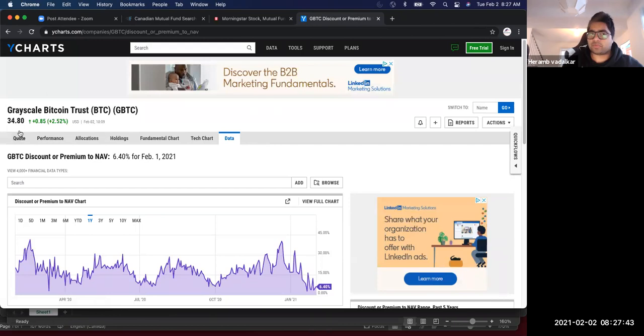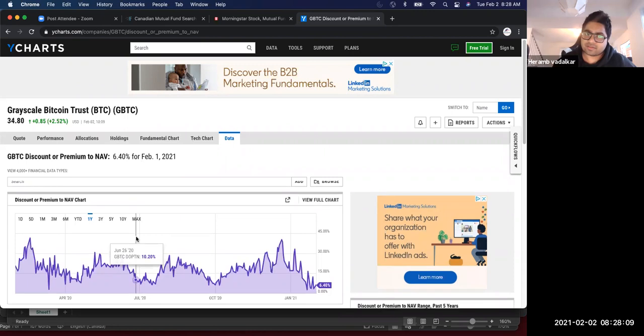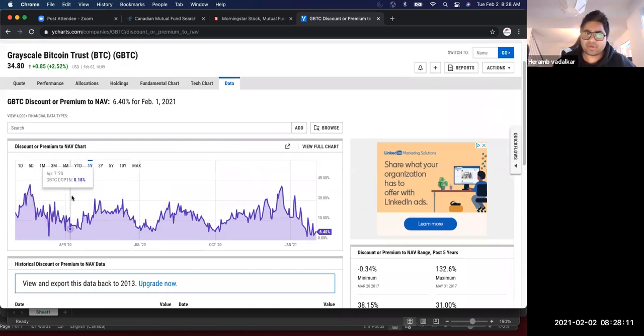This is a close-ended mutual fund that invests in Bitcoin, because a Bitcoin ETF is not allowed yet. So mostly if you want to invest using an exchange mechanism, you have GBTC, that is traded OTC, over the counter, or you have QBTC, that is the Canadian version, that is actually traded on the TSX. You can use that to invest, but this is a closed-ended mutual fund similar to that.